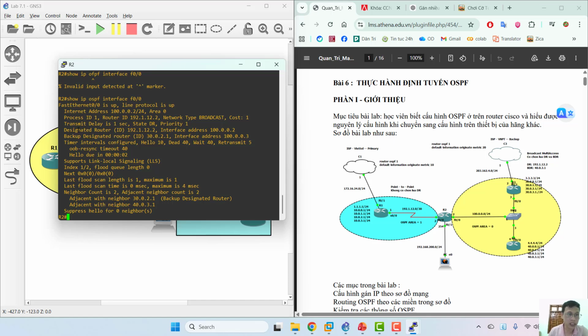The designated router is the address of router number 2, and the backup designated router is router number 3. So this is not correct, so we should rectify this.